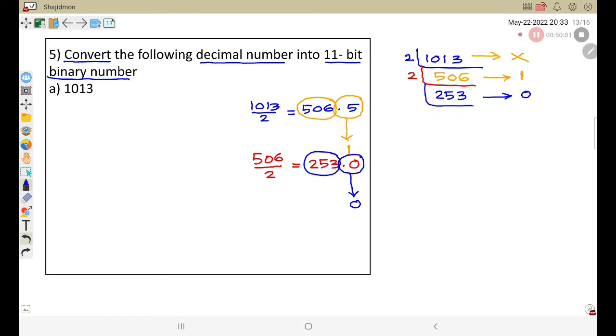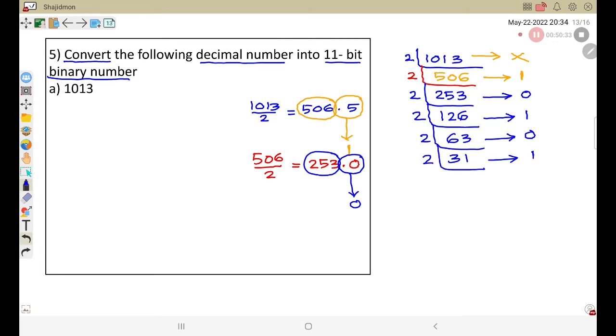Now 253 divided 2. What is 253 divided to 126.5? 0.5 means 1 balance. Then 126 divided by 2, 63.0. 63 only, correct? So balance is 0. Again divide by 2, 63 divided by 2 means 31.5. 0.5 we can write 1. Again 31 divided by 2, 15.5.